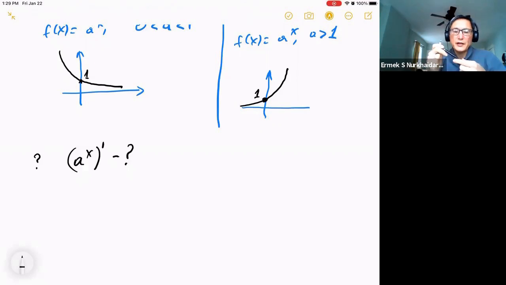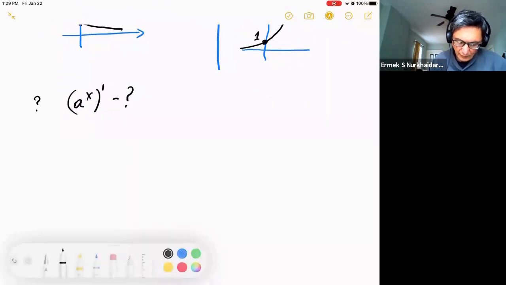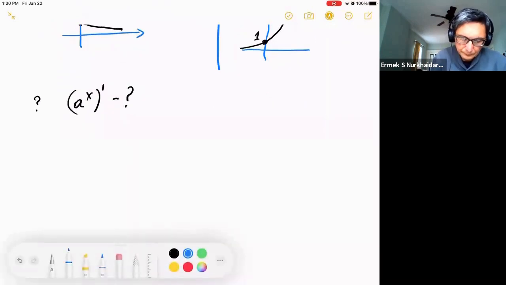To answer this question, I have to recall the limit definition of a derivative.